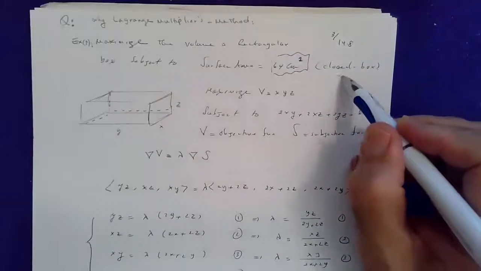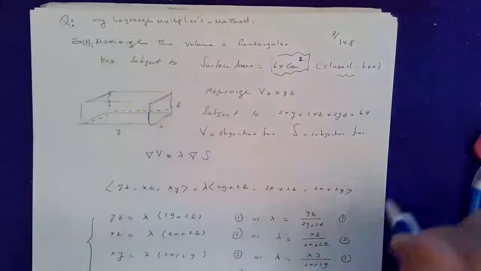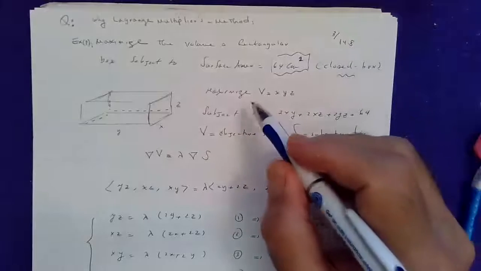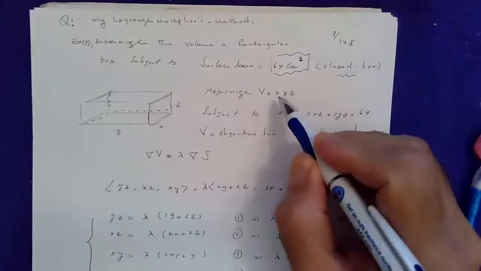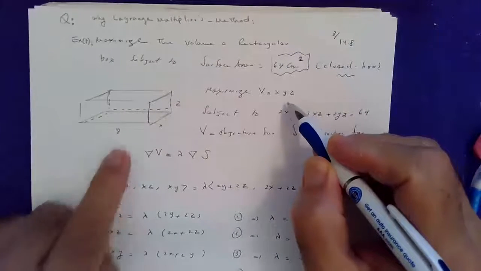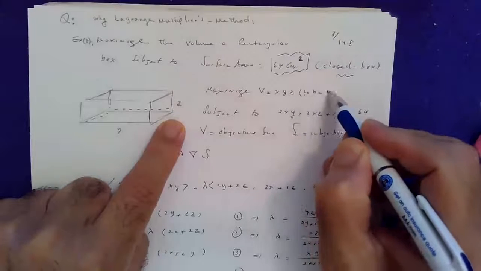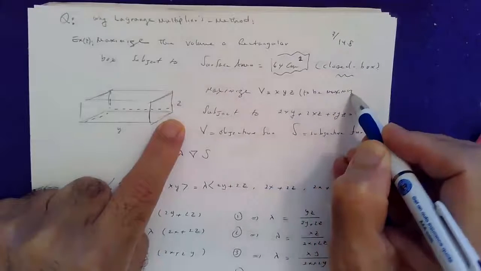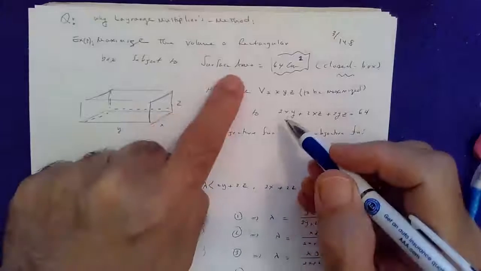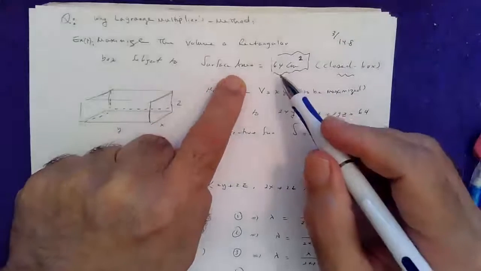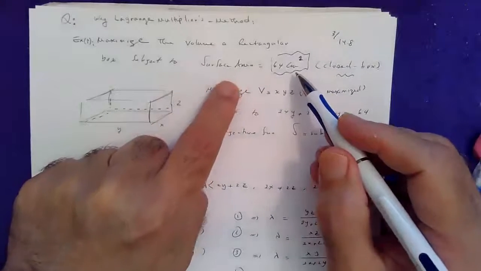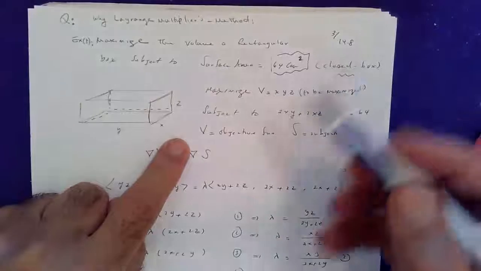And it's a closed box, meaning it has a lid on top. So what we're trying to do is maximize what? The volume, which is length times width times height. But there is a limitation. The limitation is the surface area has to be 64 square centimeters.